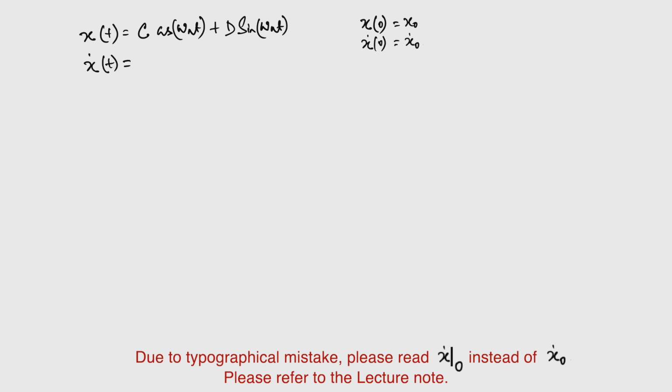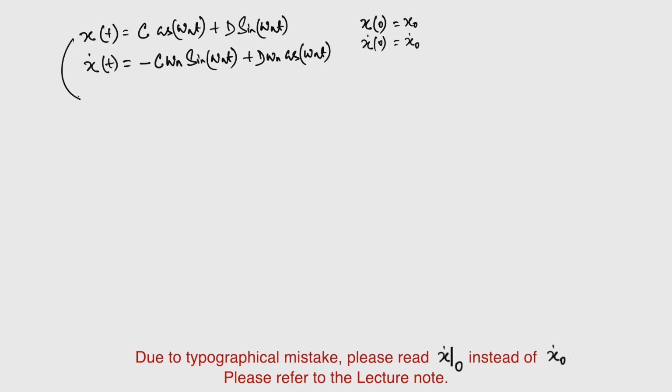x dot of t, and we get minus C omega n sin omega n t plus D omega n cos omega n t. Once we get these two expressions, our task is to satisfy the initial conditions.